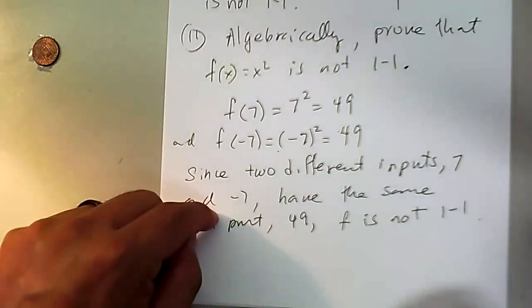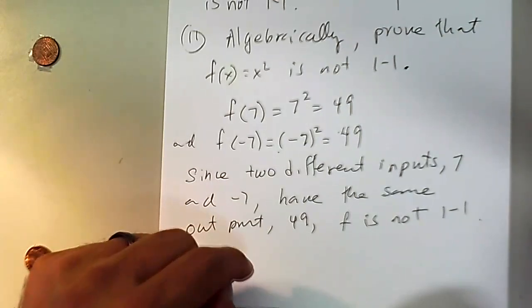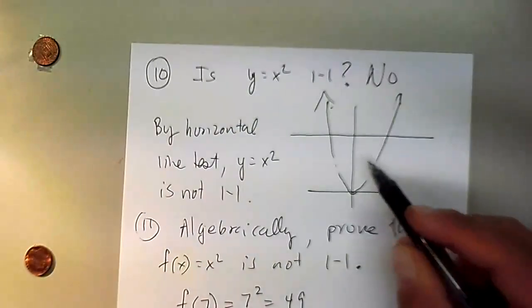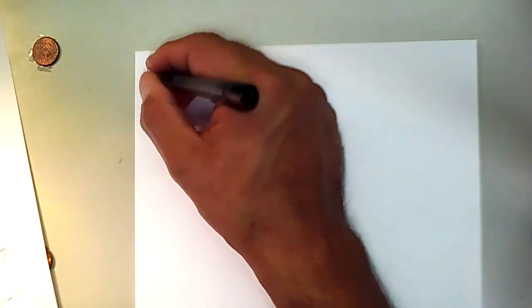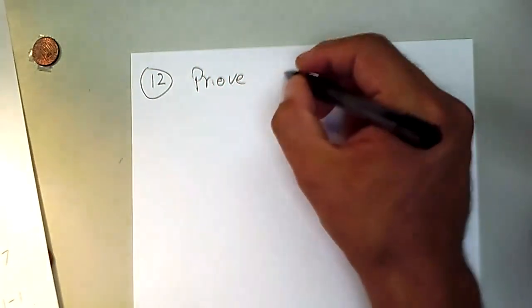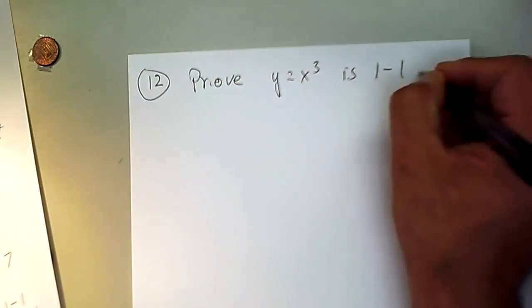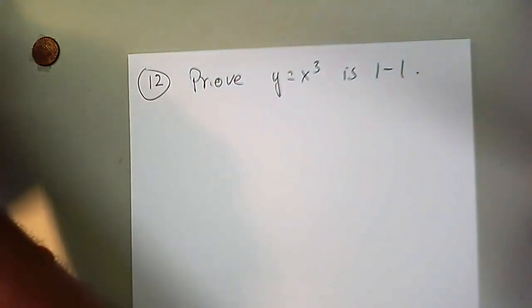Now, to prove something is one-to-one, let me give you an example. Sorry to interrupt myself. So prove y equals x cubed is one-to-one. Well, x cubed is well known.